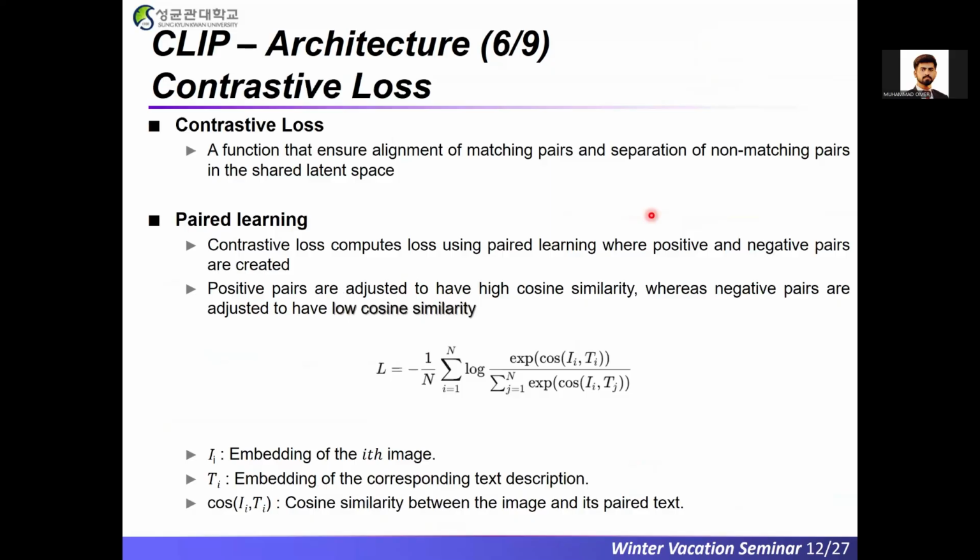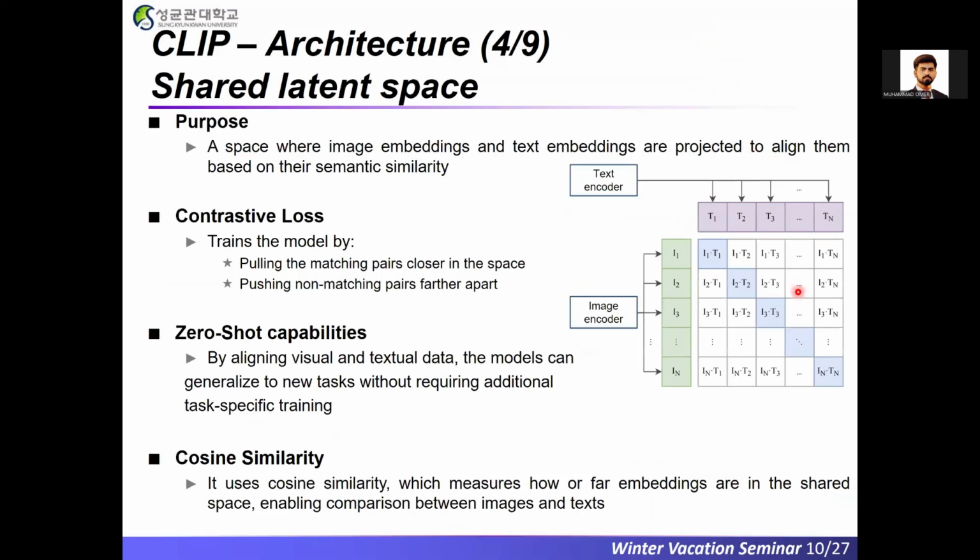Now as we have discussed cosine similarity, let's discuss contrastive loss. A contrastive loss is a function that ensures the alignment of matching pairs and separation of non-matching pairs. As we have seen earlier in the latent space slide, this shared latent space is actually trained using contrastive loss.